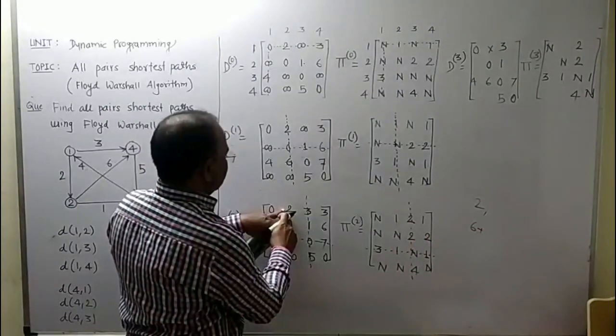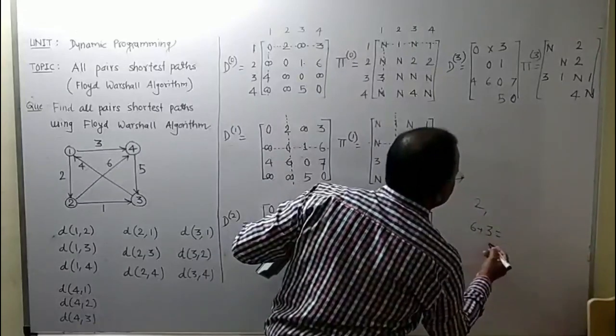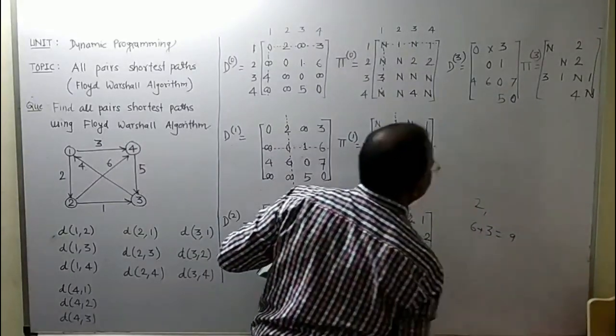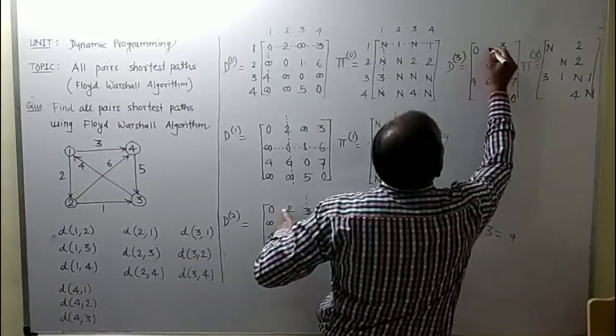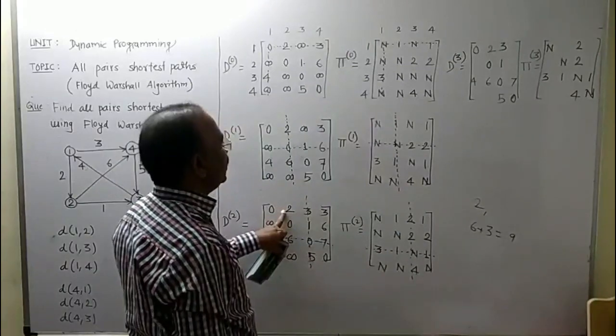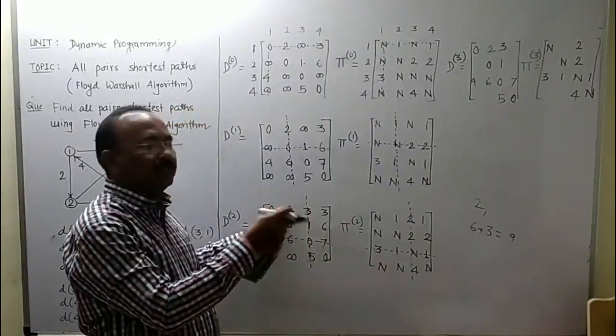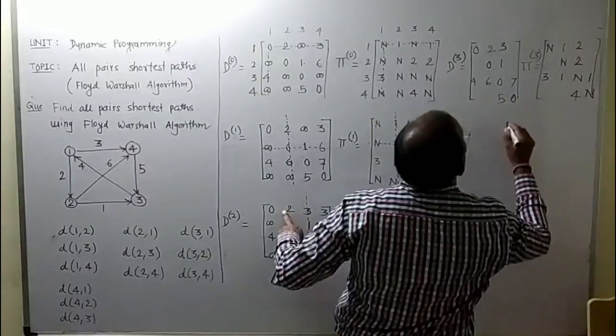From the same place travel horizontally, you will get 3. 6 plus 3 is nothing but 9. Minimum is 2. Means there is no change. Now if there is no change in D3, there will not be a change in pi 3. So 1 will be in pi 3.